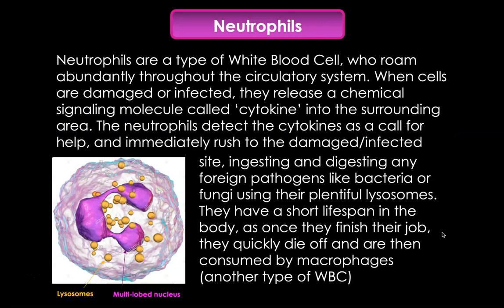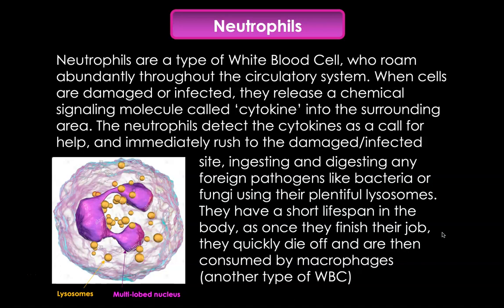Okay, neutrophils. So here's a picture of a neutrophil. It has a multi-lobed nucleus, between 3 and 5 lobes. It's also packed full of organelles called lysosomes. And remember, lysosomes are filled with proteolytic enzymes, which break down cell membranes and the contents of any pathogenic cell.